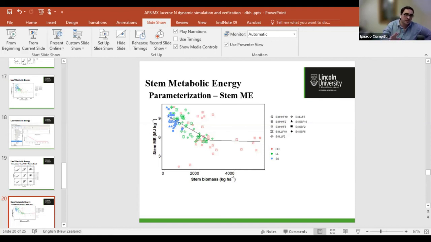It's a problem because the model is modeling fixation based on biomass, but we have a paper showing that even under different biomass levels, your fixation can change drastically. So we are using biomass as a proxy of fixation, when in fact we should be thinking about a different approach, because it's not really just biomass driving fixation.